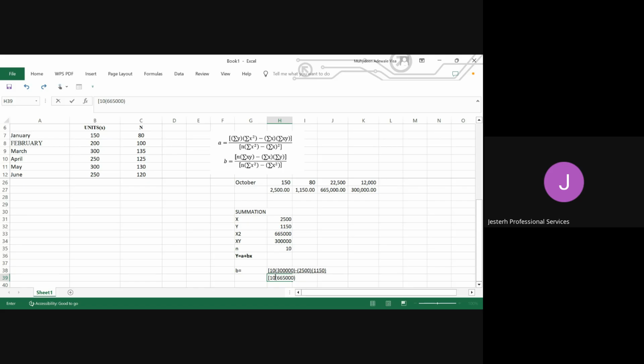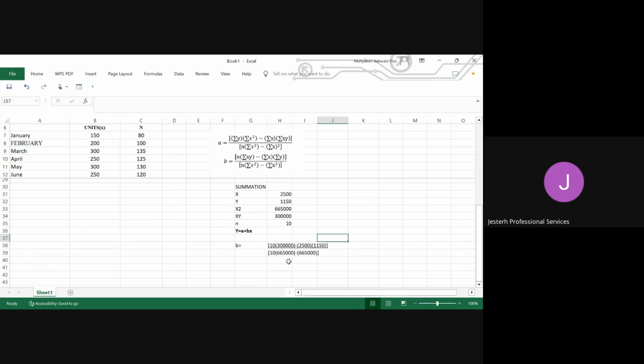Then you close the brackets minus, again, open brackets, summation of X, squared. Our summation of X is 2,500, then you close the brackets, and then you close the bracket in total.